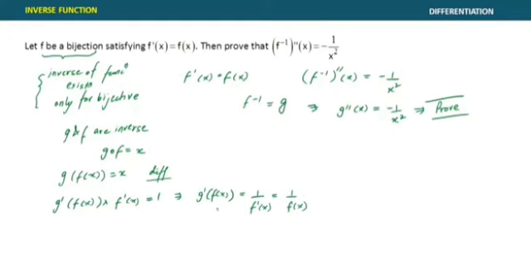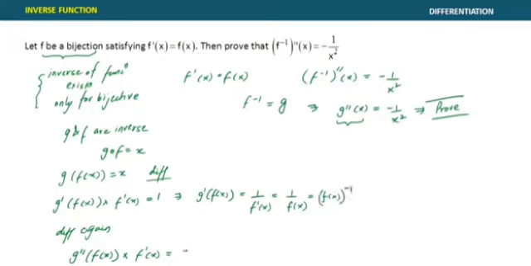Okay, I hope up till this there is no problem, but still the question is not over. Why? Because we wanted to find out g double dash x. So let's differentiate again this particular step. This becomes g double dash fx, chain rule, f dash x is equal to, you will treat it as fx raised to power minus 1.